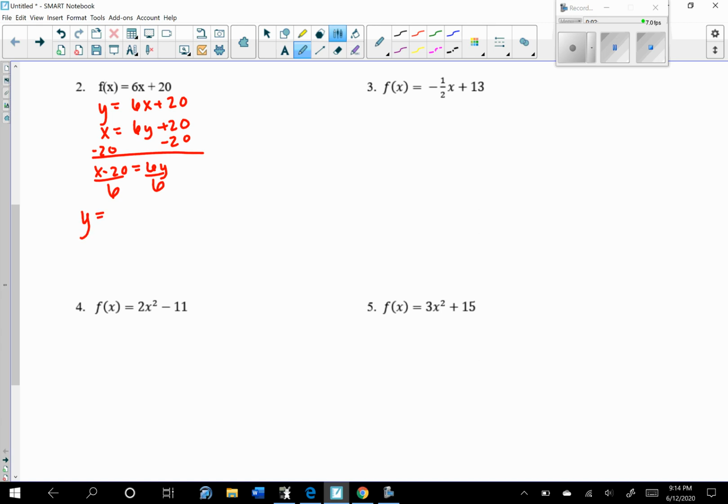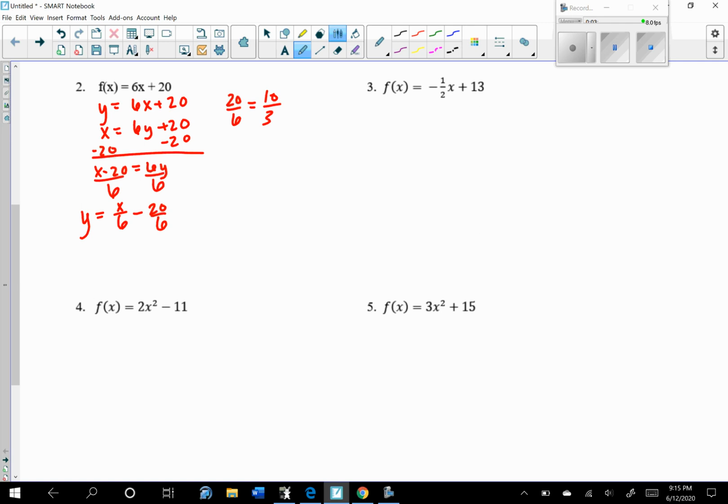y equals x over 6, or 1/6 x, minus 20 over 6. And for these values, 20 over 6 does reduce. Remember, 20 over 6 would be equal to 10 over 3, because 2 goes into both of them.